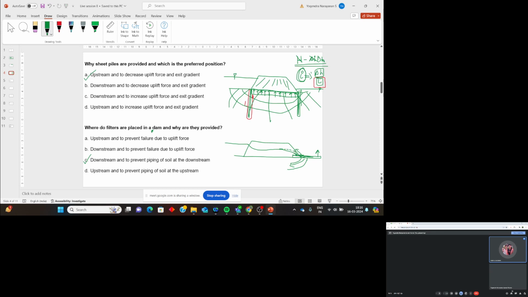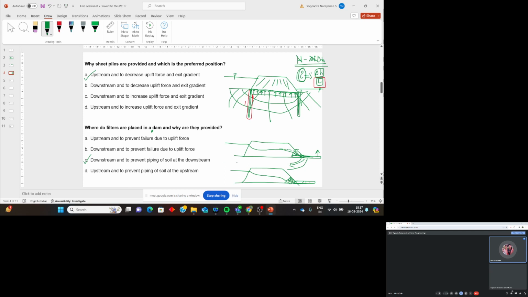So what they will do is insert two, three types of filters. One is here, they will place heavy, highly pervious boulders and rocks, which are essentially exposed to atmosphere. So the flow line will come and hit right here and will not affect the downstream end.